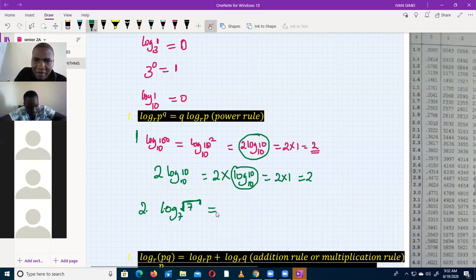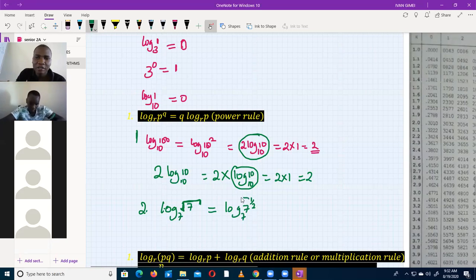This is the same as log of, what's square root of 7 in terms of indices? This is the same as 7 power a half. Yes, sir. Square root of 7 is the same as that. Now, the power law says I can drop this power and write it this side.